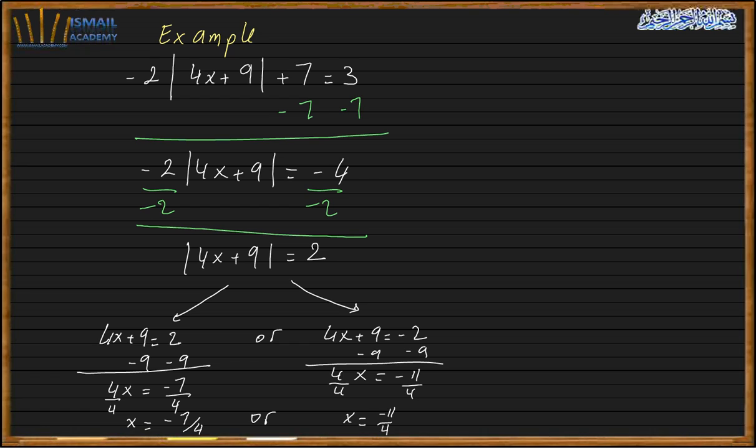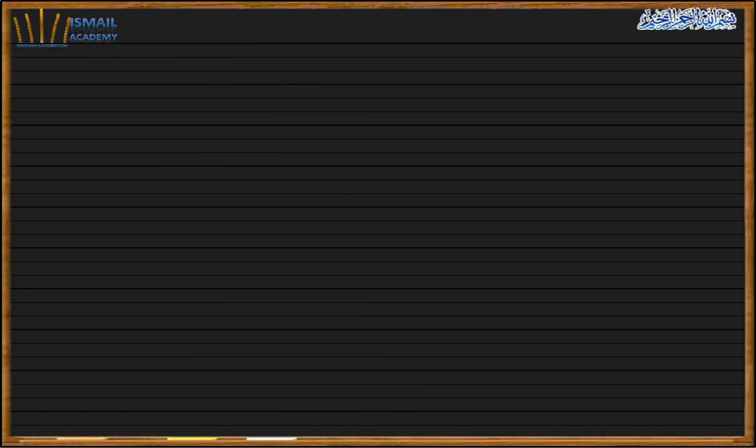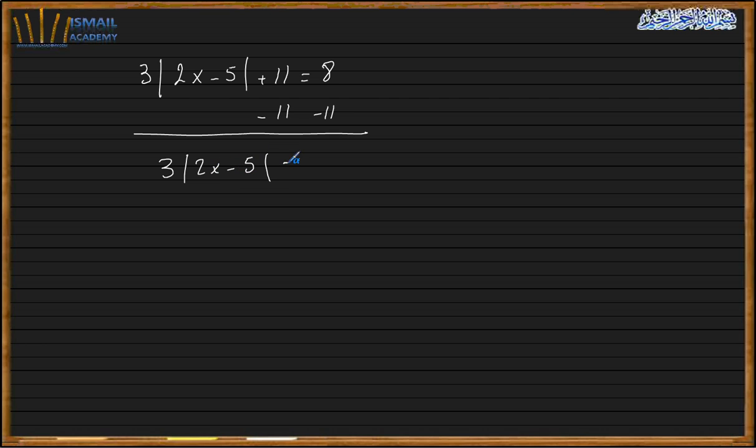So let me give you another example. Suppose I have 3 times the absolute value of 2x minus 5, plus 11, equals 8. So here I minus 11 both sides. I get 3 times the absolute value of 2x minus 5 equals minus 3. I divide by 3.